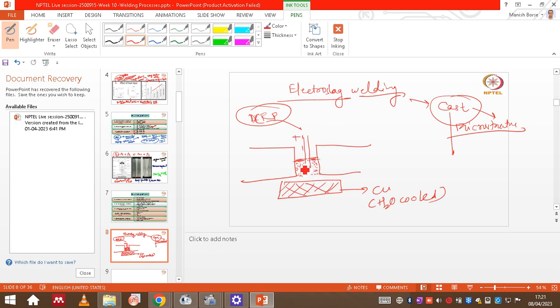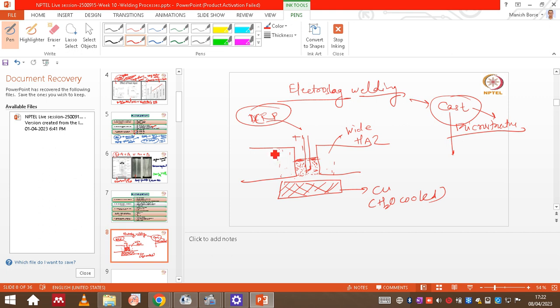So again, this is one kind of casting process where we are melting the interfaces with a very large volume. So obviously the surrounding base material is affected because of the large amount of heat, and we'll end up with a very wide heat affected zone.